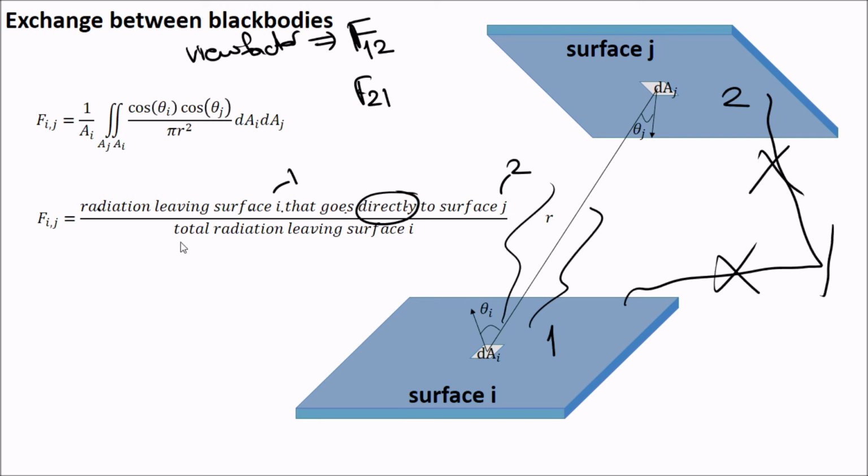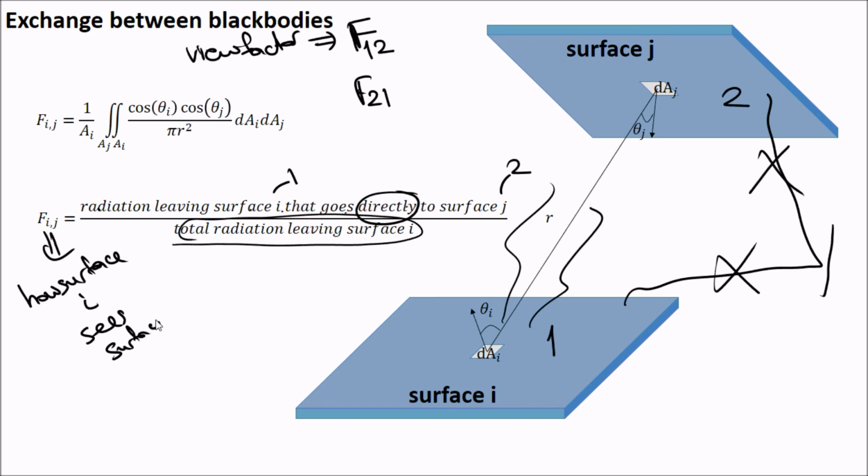And that fraction of the total radiation leaving surface i is called the view factor. In simple terms, you can say how much surface i sees surface j. F12 shows the fraction of radiation that reaches directly from surface i to surface j.